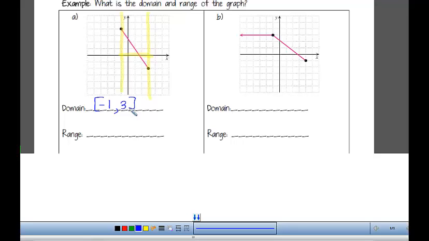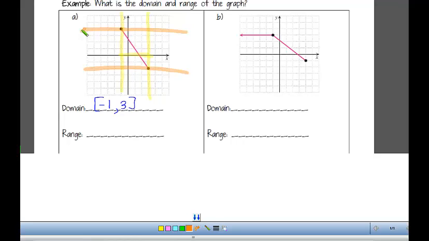Okay? To get the range, we're looking at the coverage of the y values. Okay? So where does it go as far as y values? Okay, that's the minimum y value. And this is our maximum y value.